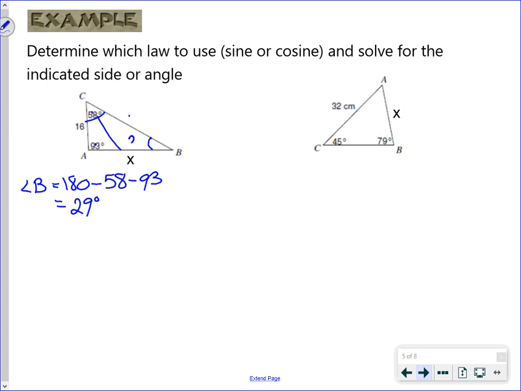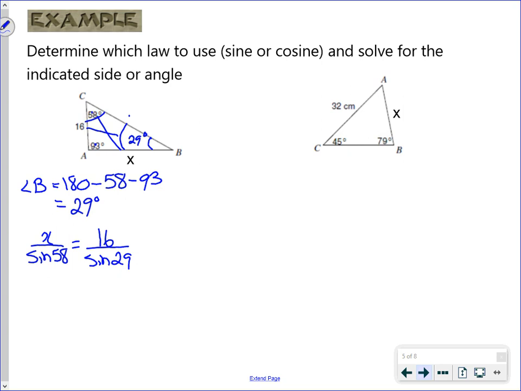So now that we have this third angle of 29 degrees, now we have the other set of opposites that we need for the sine law. So I'm going to start with side X over sine 58, and this will equal 16 over sine 29.